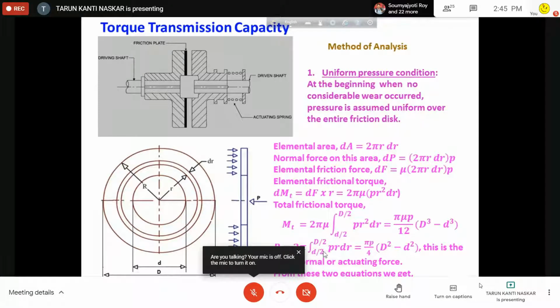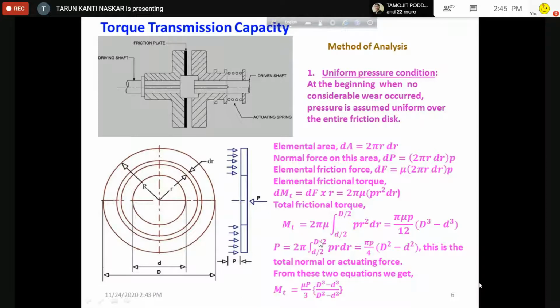For the purpose of integration, the limit will be small d by 2 to capital D by 2, and we can get this equation: P equal to pi p by 4 into capital D squared minus small d squared. So this is the total normal or actuating force.